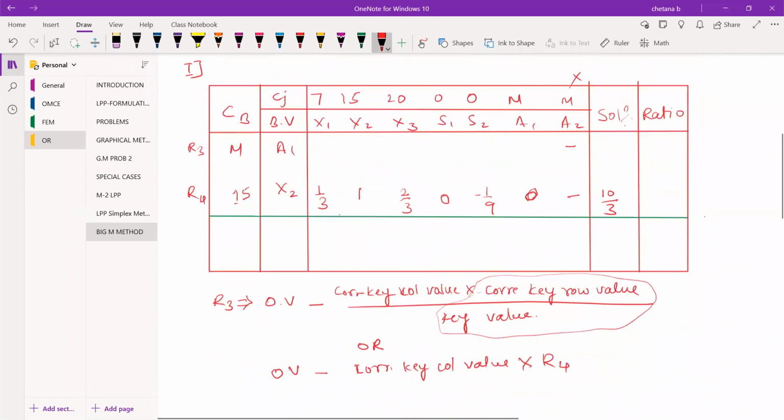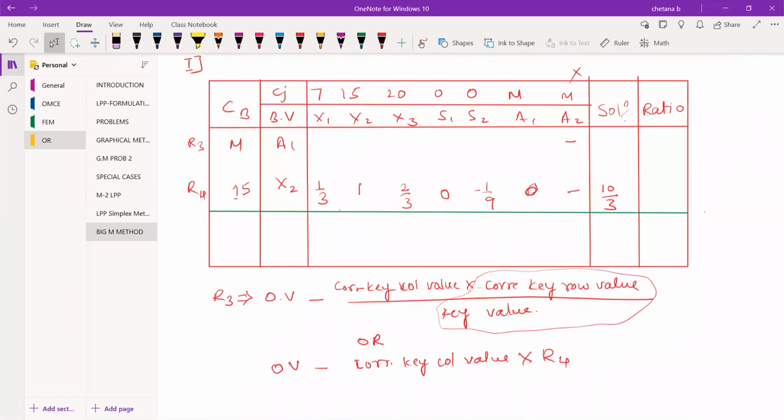If you take the corresponding key row value for whatever the new value, every time you will see that this particular ratio, the corresponding key row value divided by key value, will be nothing but the result of R4. So I can simply write old value minus corresponding key column value into R4.